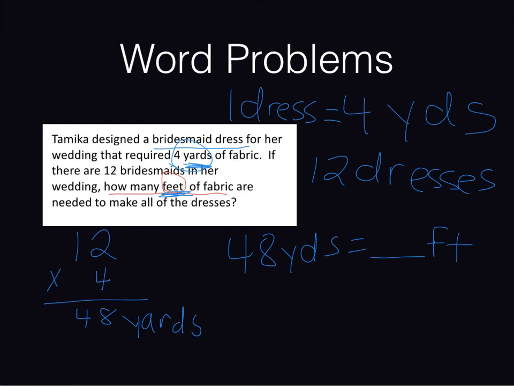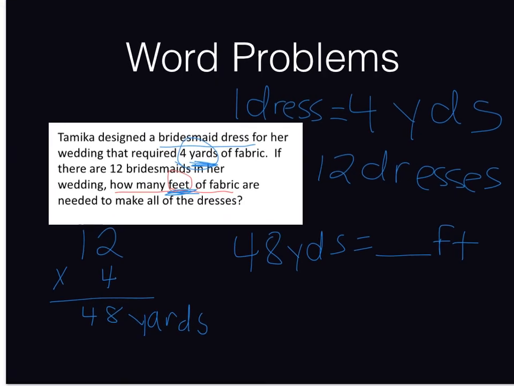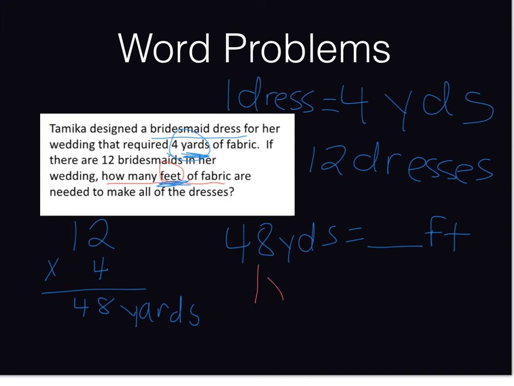Okay? And this is where, just like we did with the other problems, we go back to our conversion chart and we look to see what the actual conversion is. First of all, I know that yards are bigger than feet. So that means that one yard equals 3 feet. And if I'm going from a bigger unit to a smaller unit, I'm going to multiply.